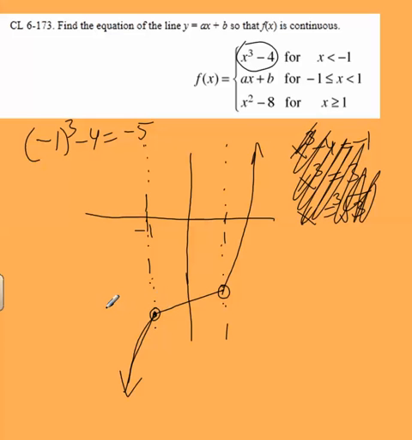So this is the point (-1, -5). And for this point, +1, 1 squared minus 8, our output is -7.